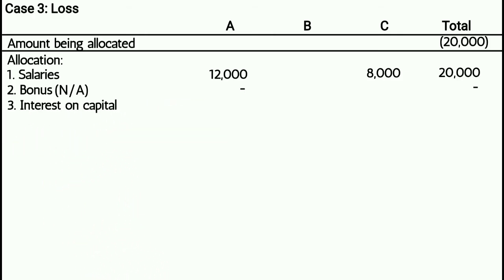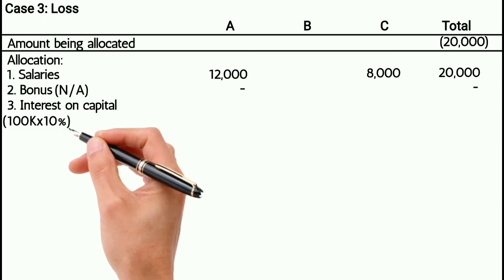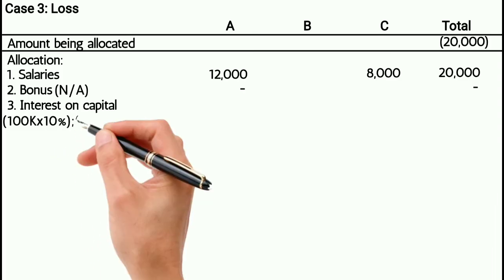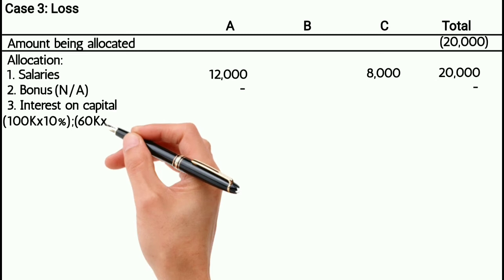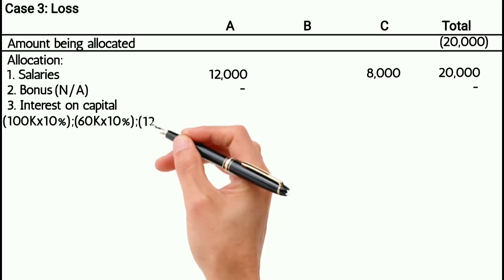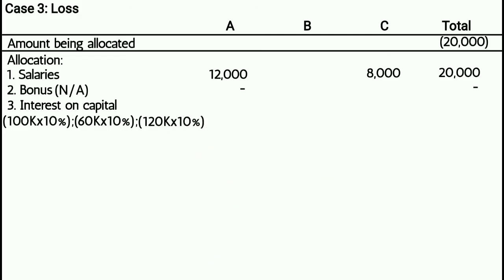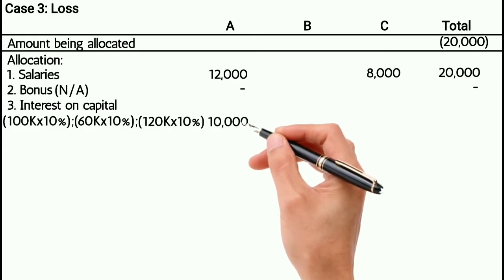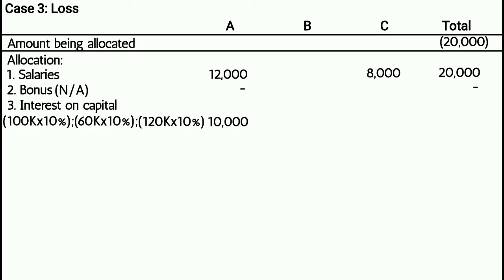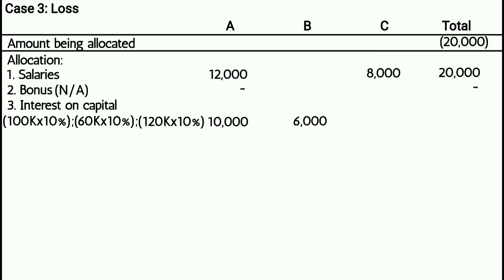Next, interest on capital. For A, imumultiply natin yung 100,000 pesos sa 10%. For B, imumultiply natin yung 60,000 pesos sa 10%. At para kay C, imumultiply natin yung 120,000 pesos sa 10%. 100,000 pesos times 10%, that is equal to 10,000 pesos. 60,000 pesos times 10%, that is equal to 6,000 pesos.